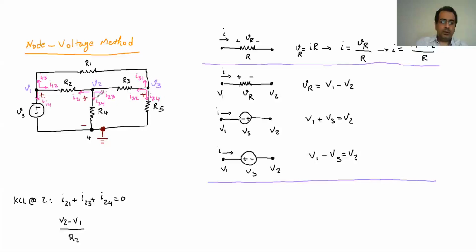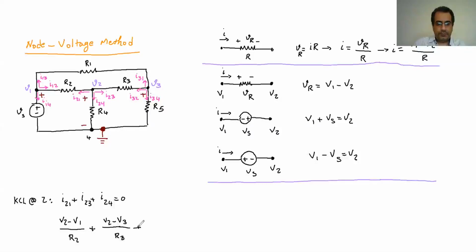Then I go to the I2,3. Start minus end. So it's going to be V at start, which is V2, minus V at end, V3. What is in between is R3, plus I2,4, start minus end, start from V2 and end at 4.